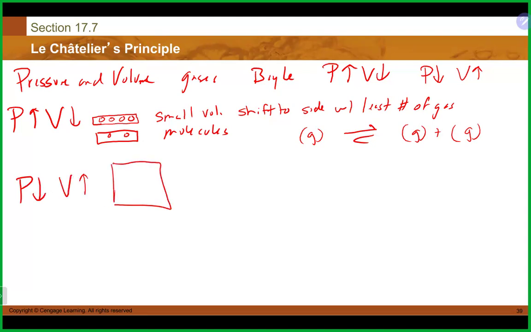So we end up with a big volume in this case. And the effect that's happening is the pressure is starting to come down. So we want the pressure to come back up. So once again, in a larger volume, we would shift to the side with more gas molecules.